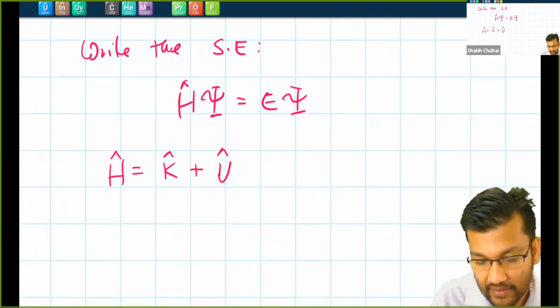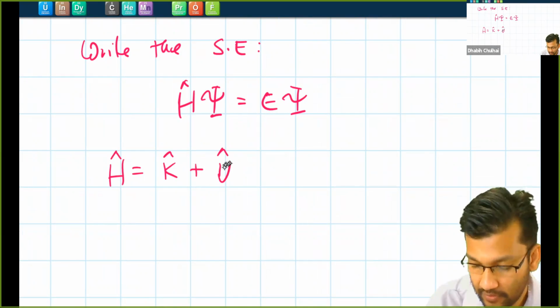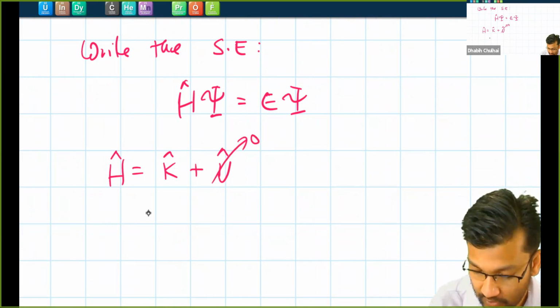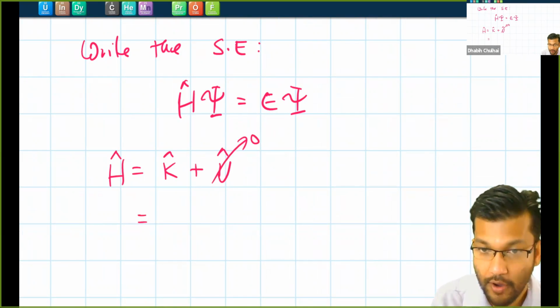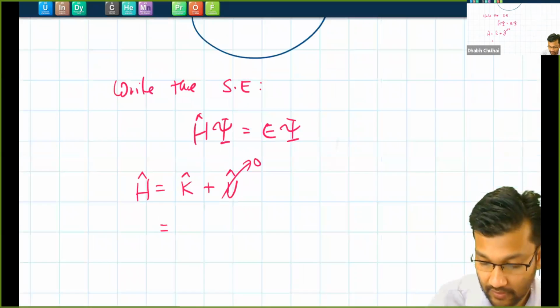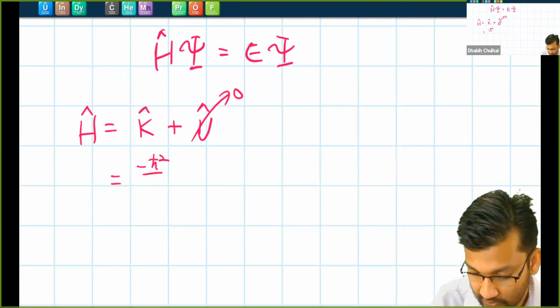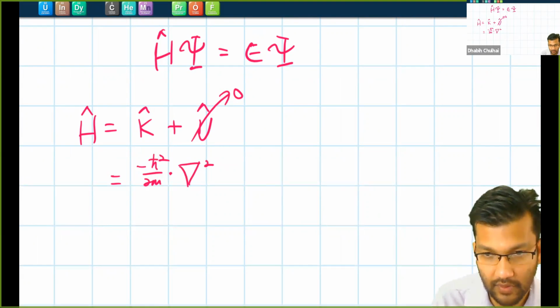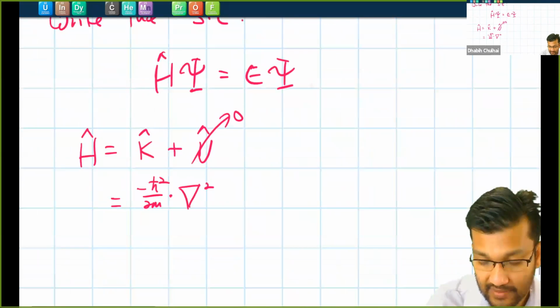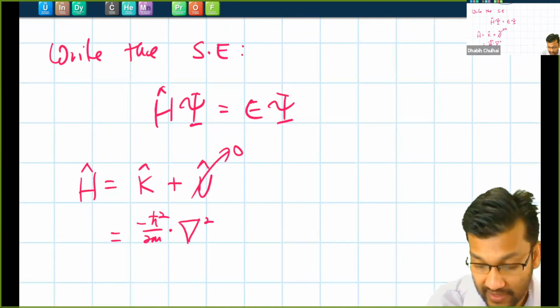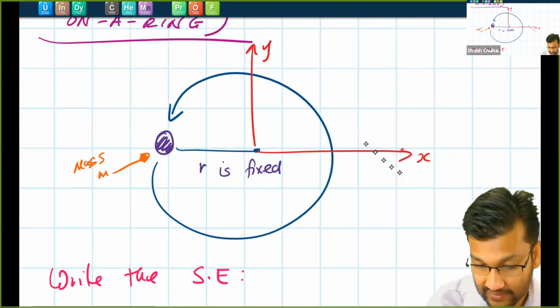Now I said that the potential energy in this case is going to be 0. We're not going to worry about that. So we just need to worry about the kinetic energy. So we know that the kinetic energy is negative h bar squared over 2m times nabla squared, right? This is moving in 2 dimensions, x and y.